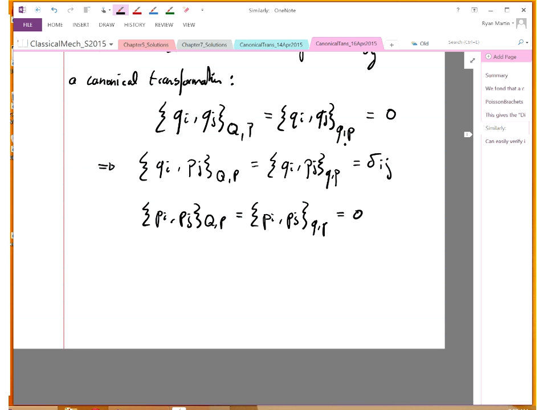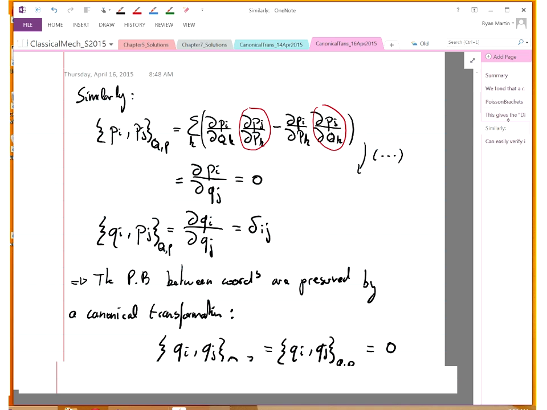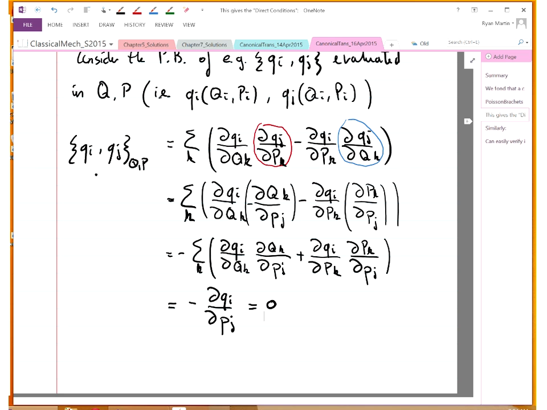But a deeper question is, if I take the plus one bracket of any two functions, does that depend on which coordinate system I'm in? So is the plus one bracket between two functions invariant to canonical transformation? The plus one bracket between coordinates we've shown is invariant under canonical transformation.